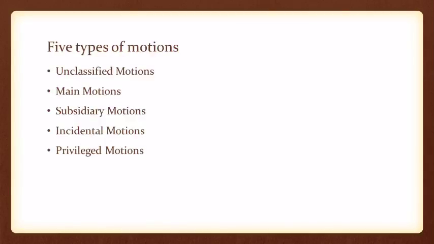Usually they're points of order. They're not debatable. A move to appeal the decision of the chair. Sometimes the move to close or reopen nominations would be an incidental motion, and the move to suspend the rules would be an incidental motion.